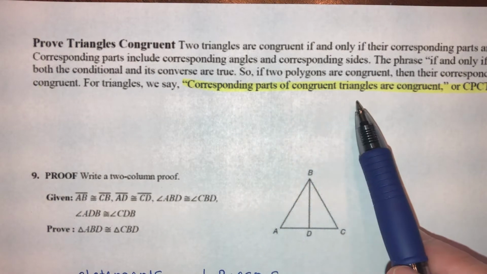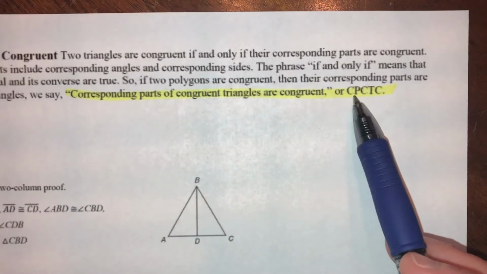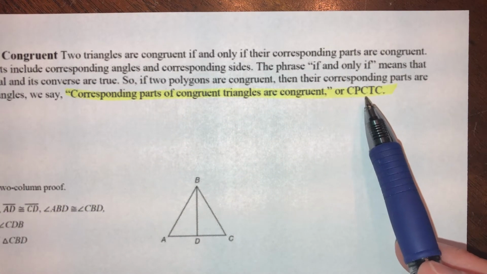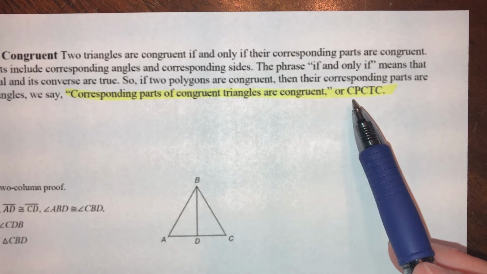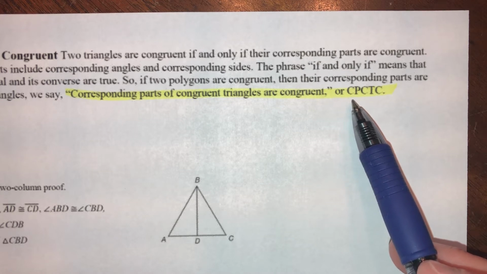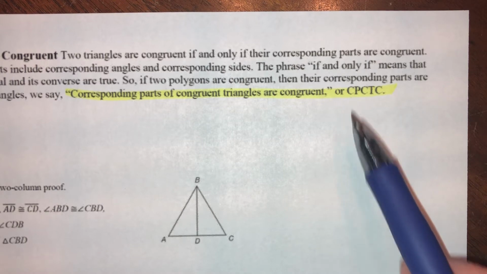When we do that, to kind of button everything up, the reason that we use is called corresponding parts of congruent triangles are congruent, or in short, CPCTC, okay? So we use CPCTC as the reason why we can say two triangles are congruent if we just prove that all 6 parts of those triangles are congruent.